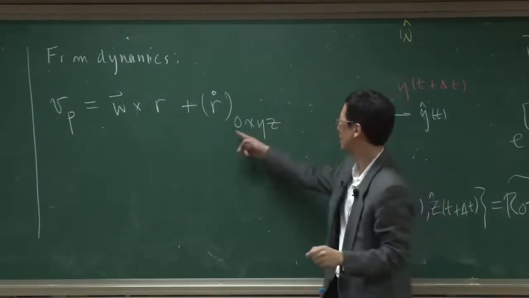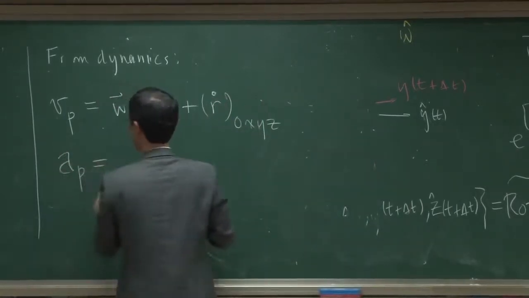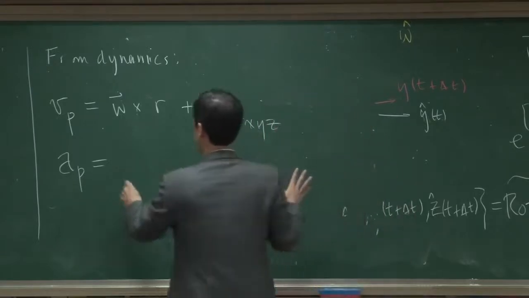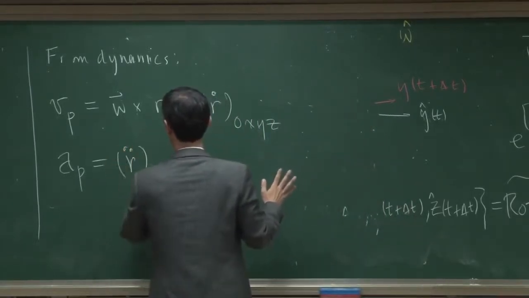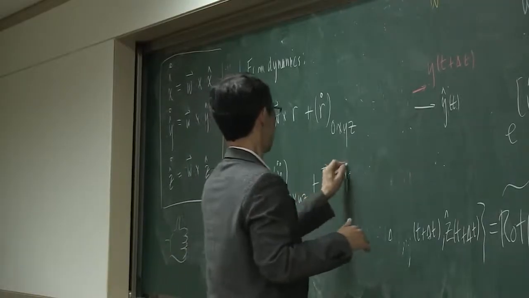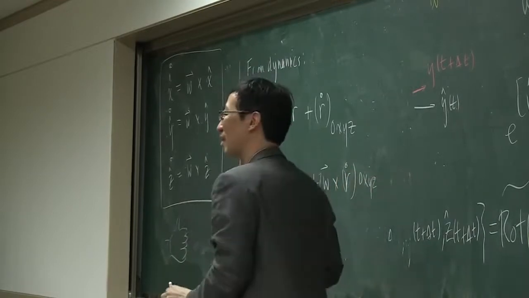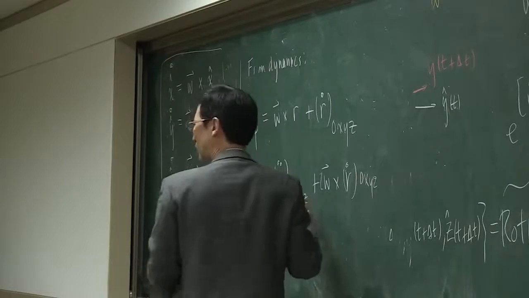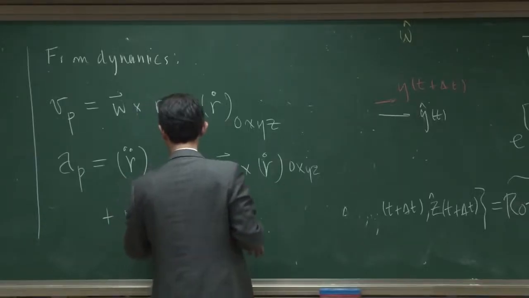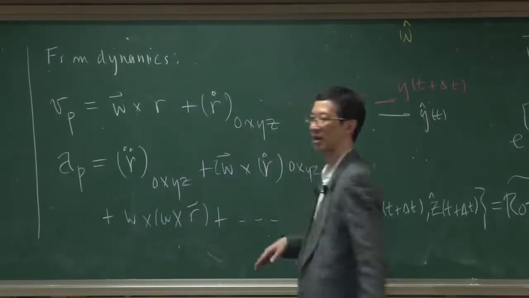Remember these things? And then if you had acceleration, this got really crazy. You had things like r double dot in OXYZ plus omega cross r dot in OXYZ. Maybe there's a 2 here, I don't remember. Strange formula. Plus omega cross r, plus all this other stuff.